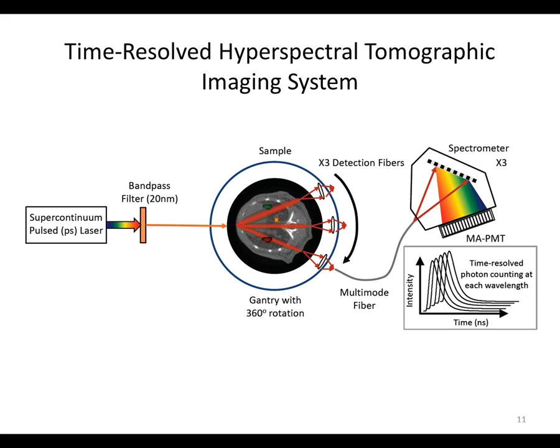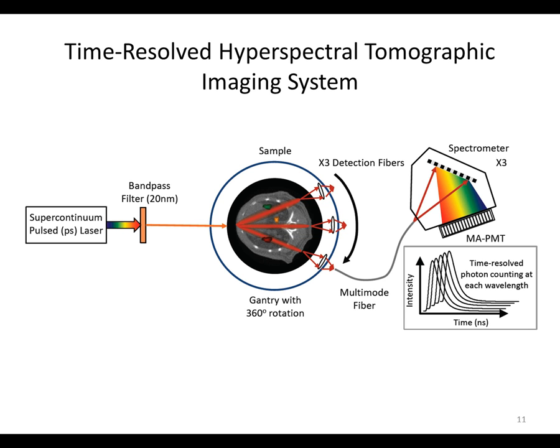Each of these detectors is connected to a spectrometer, which is then connected to a multi-anode PMT operated in time-resolved photon counting mode. And so in the end, what we wind up with is this multidimensional data set, that is lifetime information at a number of spectral channels.